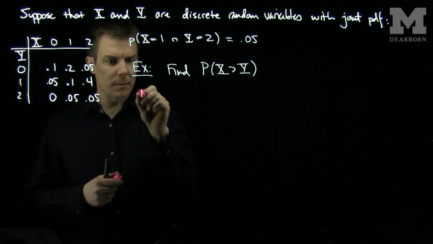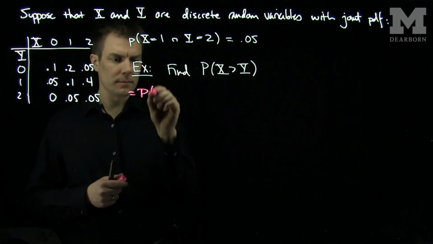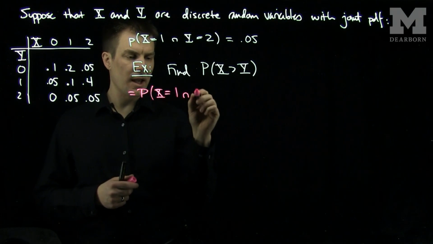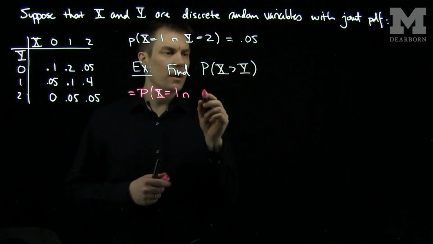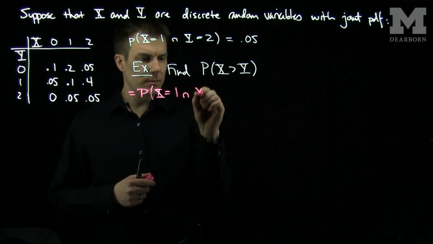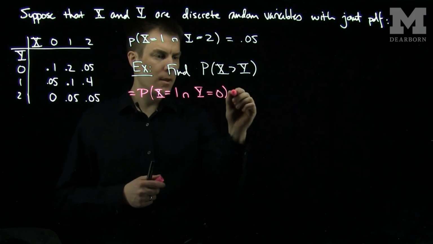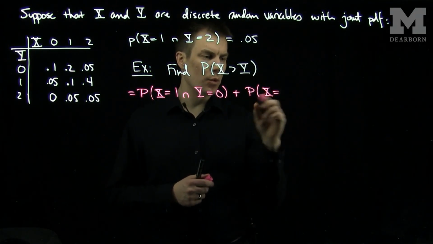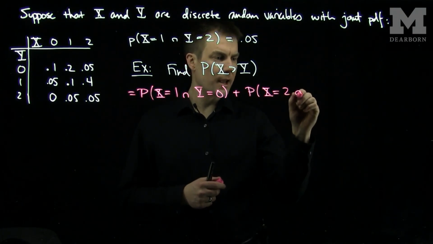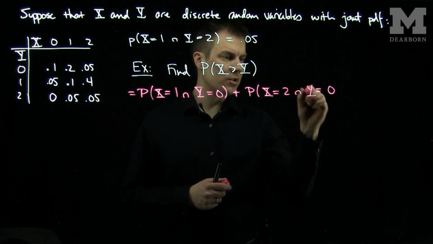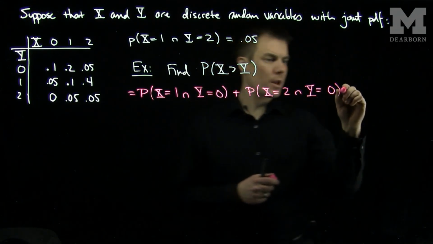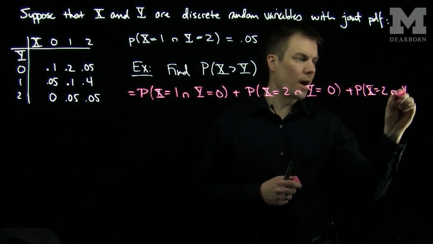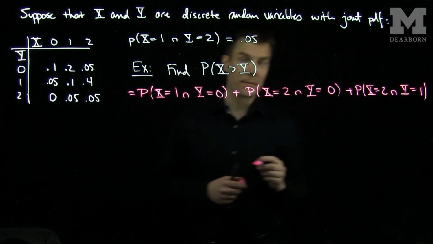This will be the probability that X is equal to 1 and, well, if X is equal to 1, Y would have to be 0, plus the probability that X is equal to 2 and Y is equal to 0. That would also be an event that counts. Plus the probability that X is equal to 2 and Y is equal to 1.